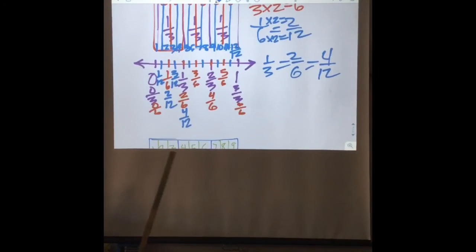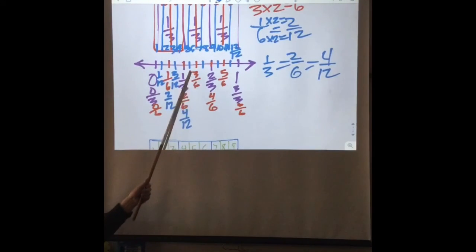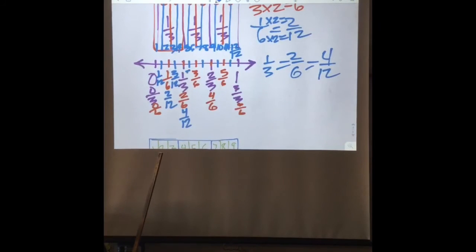Crazy math. I love this. Okay, what goes here? After 4/12, what would this be? 5/12, 6/12, 7/12, 8/12, 9/12. Wow, I can hardly fit these in here. 10/12, 11/12, and 12/12. Excellent.